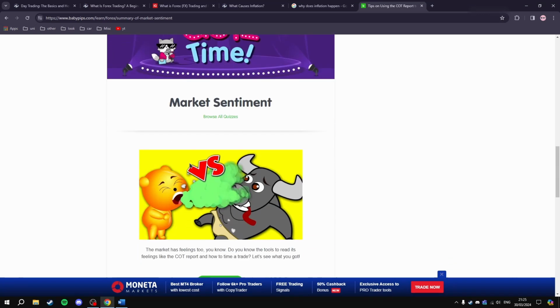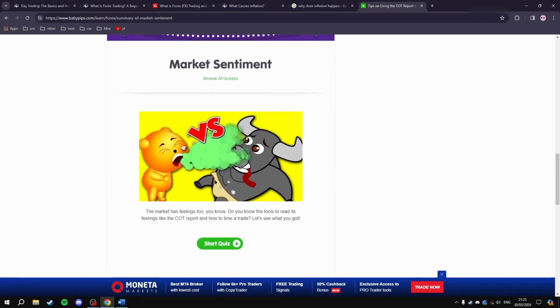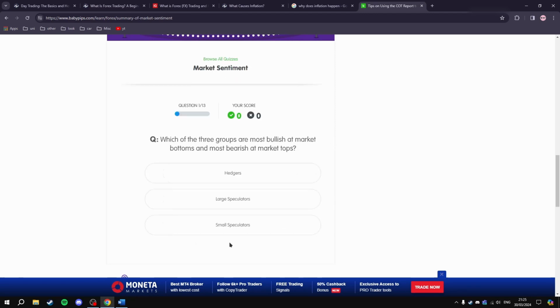Quiz time. Market sentiment. The market has feelings too, you know. Do you know the tools to read its feelings, like the Commitment of Traders report, and how to time a trade? Let's see what you got. Which of the three groups are most bullish at market bottoms and most bearish at market tops?